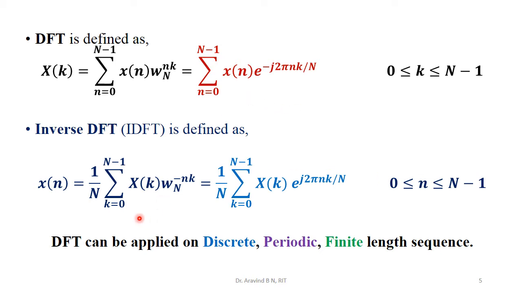Similarly for the IDFT, write it considering the Twiddle factor, or write the formula considering the exponential. Both of these are equal and we can use them interchangeably. Again, you need to remember, DFT can be applied on a discrete, periodic and finite length sequence.